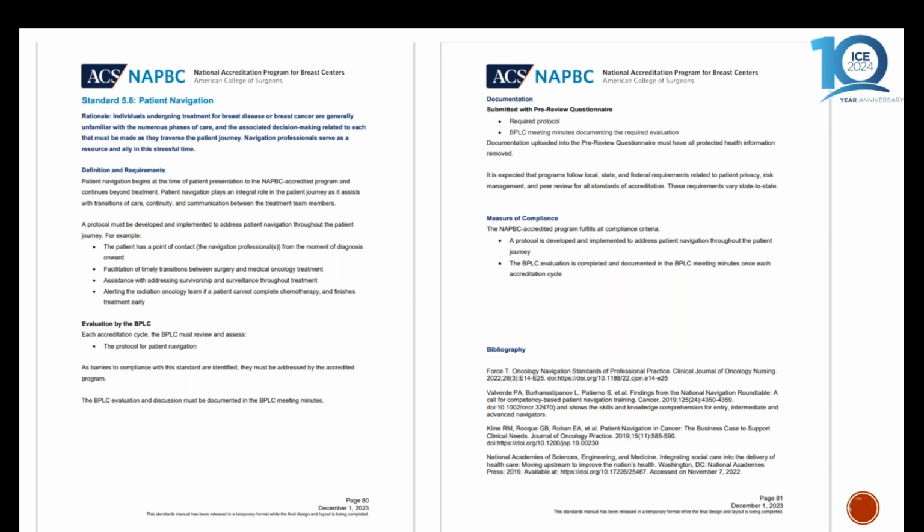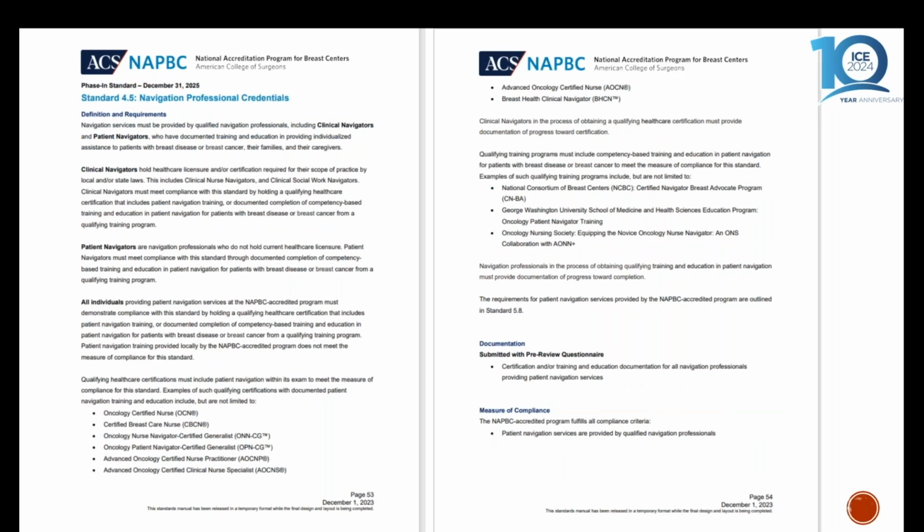And they got very granular with their requirements. They said you have to have a navigation process in place, which was the same as before, but they also got very granular about the education.